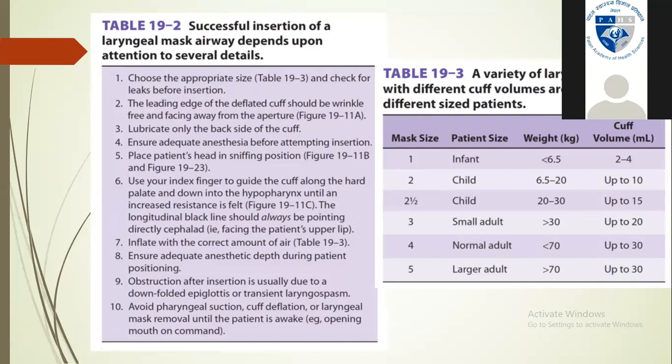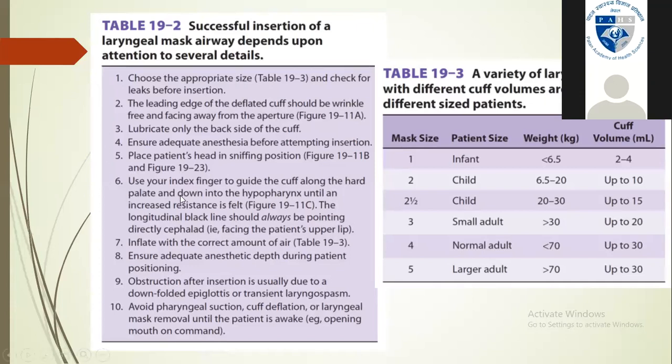Patient's placement should be in sniffing position, or dog barking position as we say, which is also used in endotracheal intubation, which is basically a flexion of the occiput, back of the neck, and extension of the chin, which will be called as morning sniffing position.